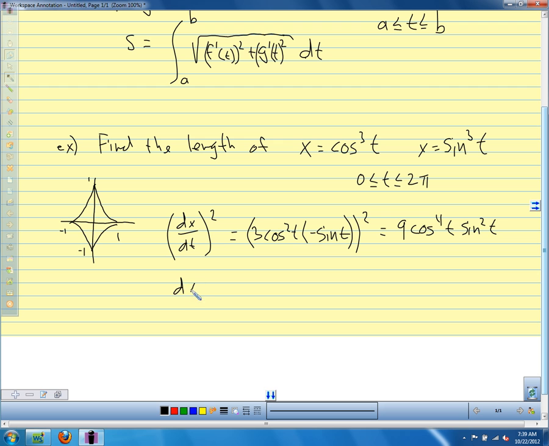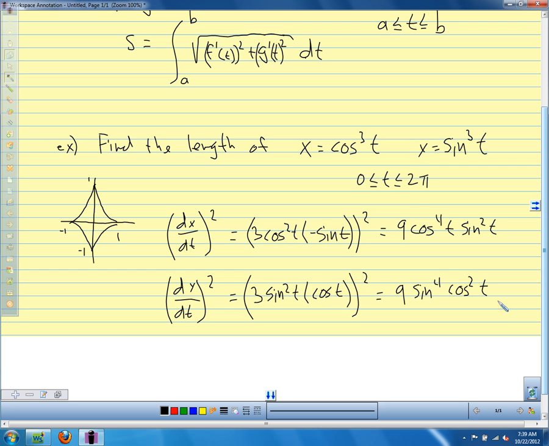And we do the same thing for our derivative of y with respect to t, and we're going to square that. We get 3 sine squared t times cosine t for our derivative, and we're squaring that. And we get 9 sine to the 4th t cosine squared t.